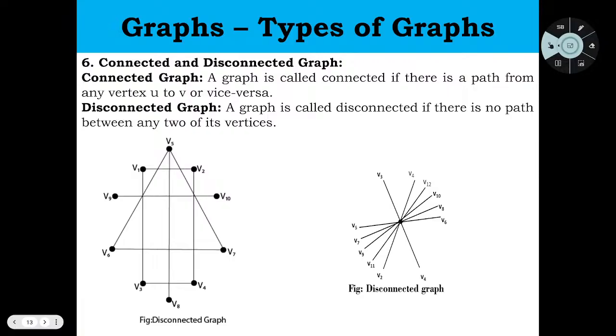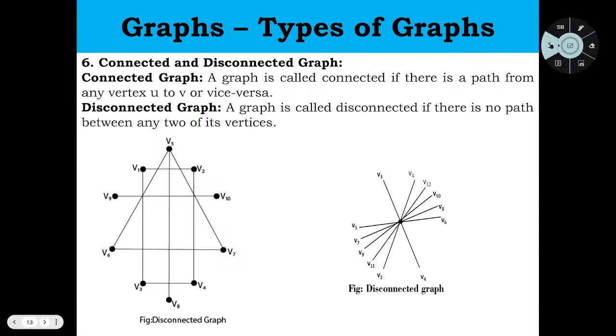There is a person aside me who does not talk to me. We are unconnected. Though we are aside each other, there is no connection between us. So here V5 and V7 are connected, while V5 and V10 are not connected. So this is called as a connected graph when there is a connection from this vertex to this vertex.